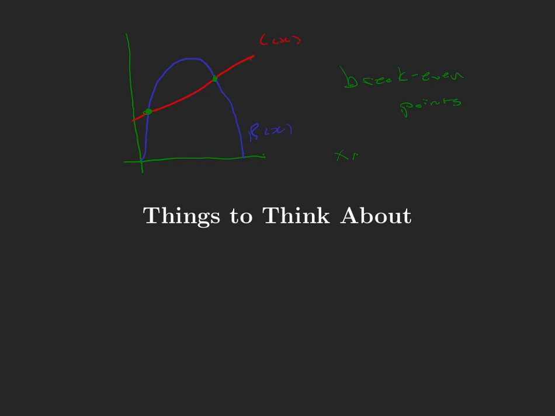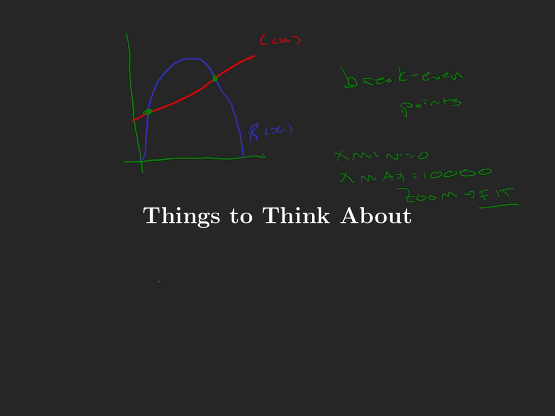So maybe make your X min 0 and your X max 10,000. And then if you're looking at your graphing calculator, go into the zoom menu and find zoom fit. That'll give you a picture that looks an awful lot like this. So you can use just the nice graphical interpretation of all that to find these intersection points, those break-even points, all that kind of stuff. You can see a nice picture of what's going on.